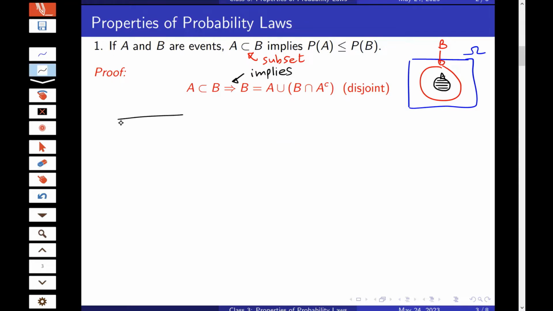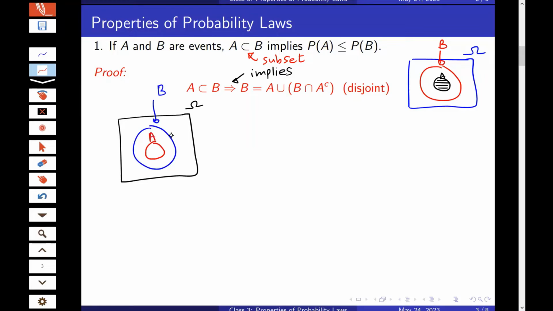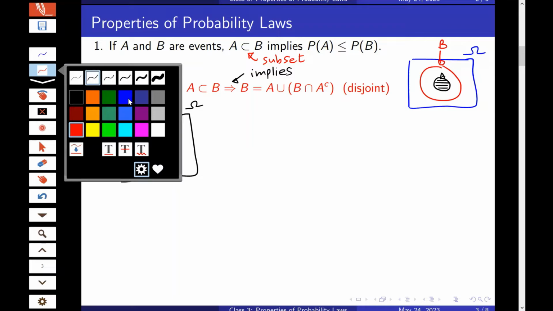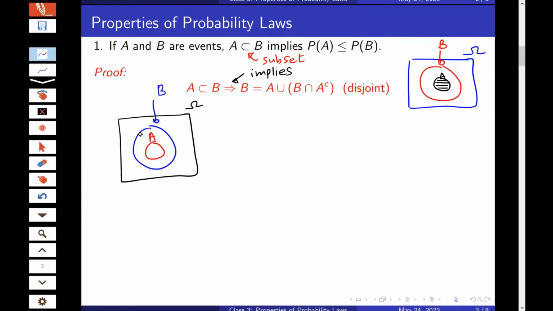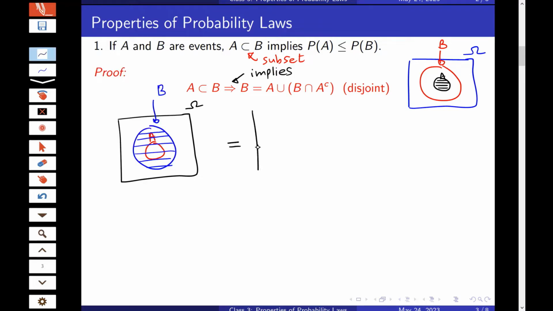I'm going to write down B. This is omega, and here is B. B is the larger set, and inside B we have A, so A is a subset of B. Now we need to write B in terms of A and B intersection A complement. This is my B, the blue region.